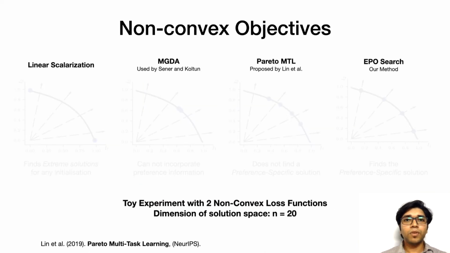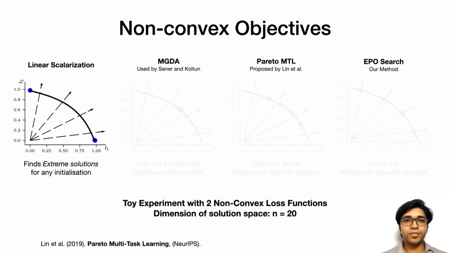So let's see the issue of non-convex objectives using a toy experiment with two objectives. This experiment was originally used by Lin et al. Here we compare four MOO solvers on their ability to reach a preference specific solution. In this figure, the solid curve is the Pareto front and the dashed lines represent different user preferences.